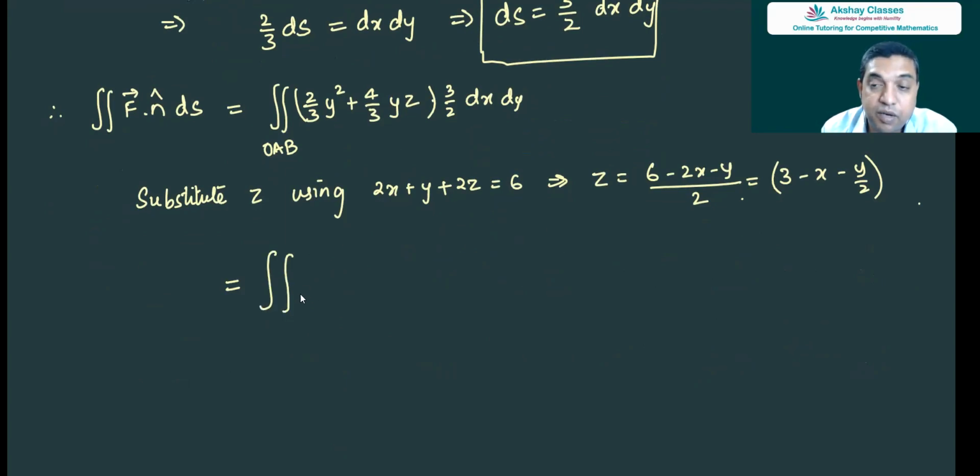It's a double integral. Now we have to use the concept of integration using multiple integrals, what we learned in functions of several variables. So we get 2 by 3 y square into 3 by 2 dx dy. Okay, I'll simplify fully.